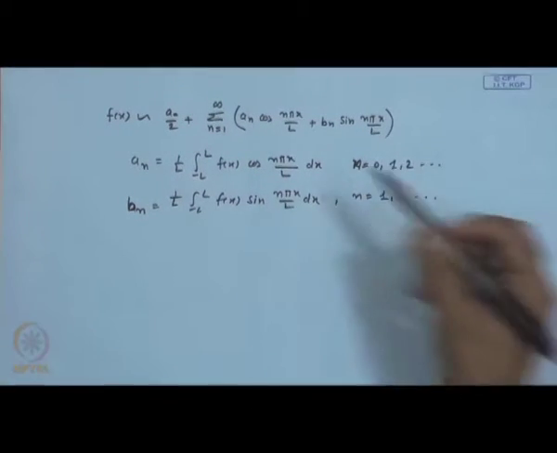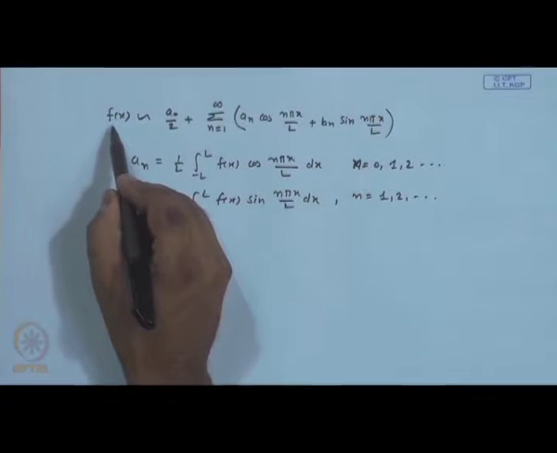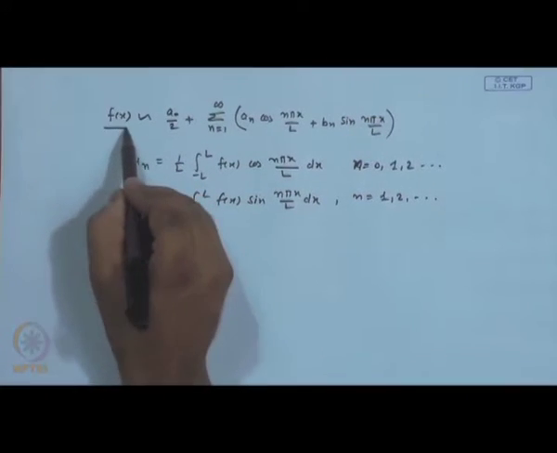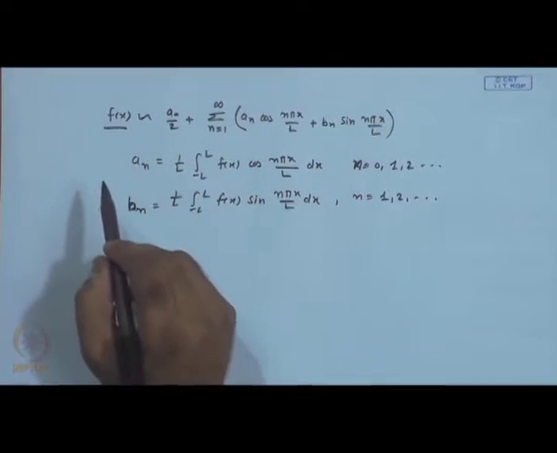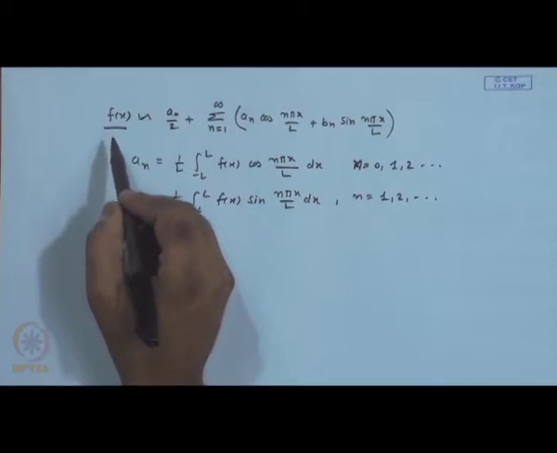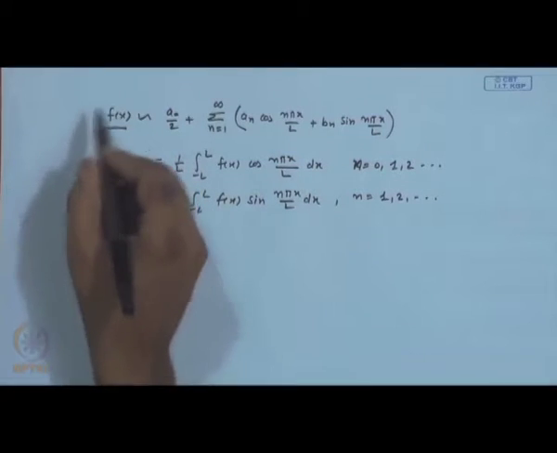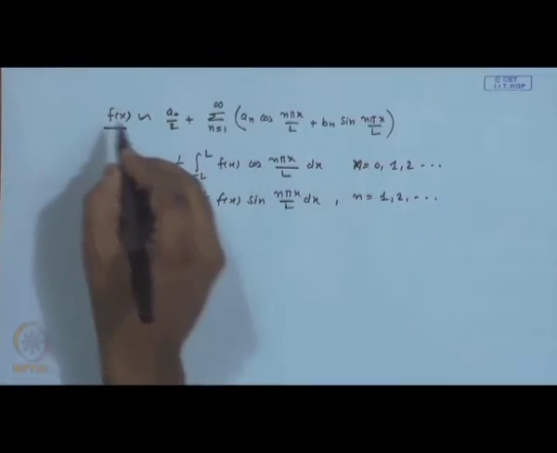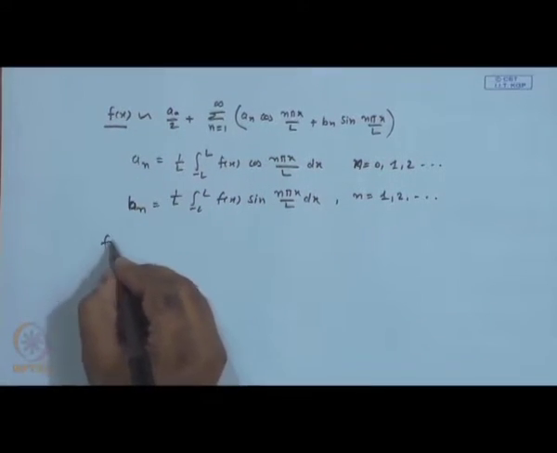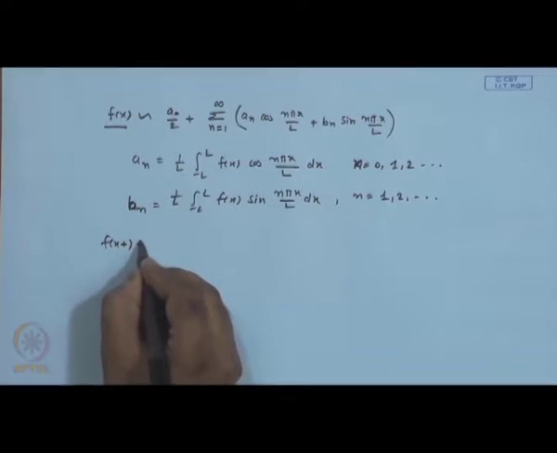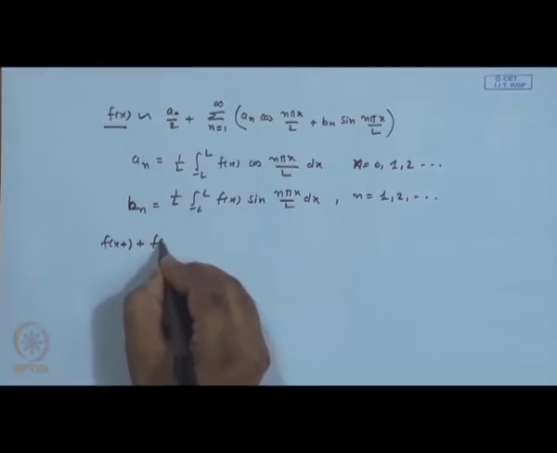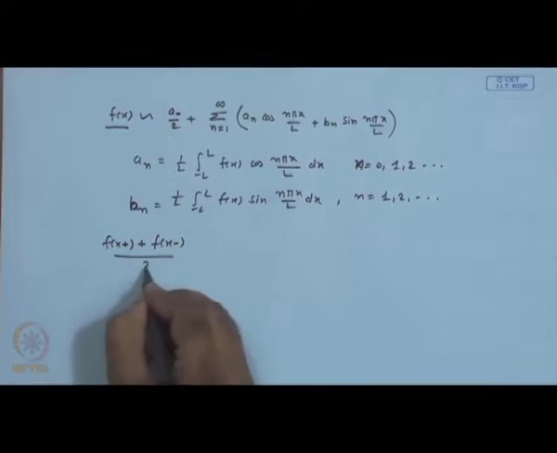And then we have seen that if this function f(x) is piecewise continuous and the one sided derivatives of f exist at each point in the domain, then this series is equal to f(x+) plus f(x-), the right and left limits of f at x, divided by 2.